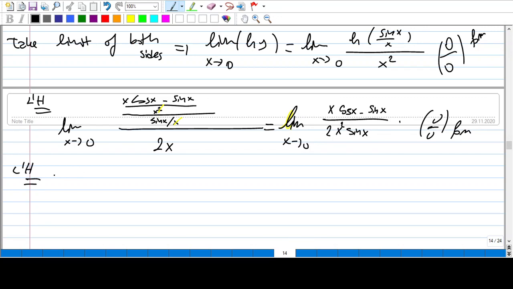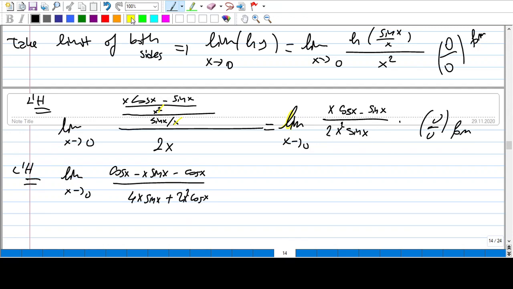Apply L'Hopital again. Limit x to 0, derivative of the above term: derivative of x times cosine is 1 times cosine x minus x times sine x, derivative of the second one times the first one, minus cosine x, over the derivative of 2x squared, let's say 4x times sine x plus 2x squared cosine x.